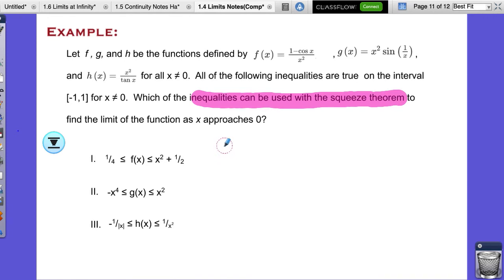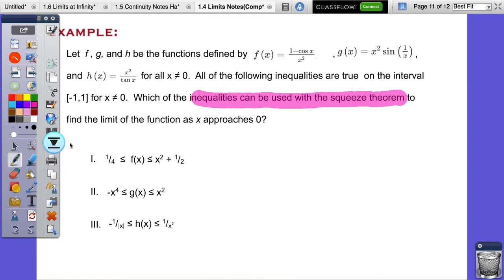They all might have an answer. It's just saying, hey, which one of these can I use the squeeze theorem with? And so I know for f, g, and h, it told us that all these following inequalities are true. So f, g, and h are all squeezed in by functions. They each have a function on the bottom and a function on the top.